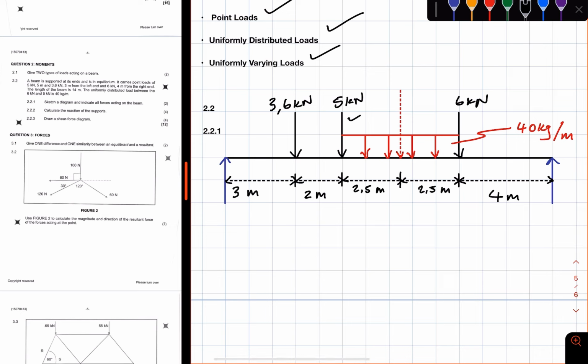So 5 kilonewtons, 5 meters, and 3.6 kilonewtons, 3 meters from the left end, right? So from the left end, so from this end to 5 kilonewtons is 5 meters. Hence you see here 3 plus 2 is 5, right? And then 3.6 kilonewtons, 3 meters from the left end. So from the left end again to 3.6, it's 3 meters, right?